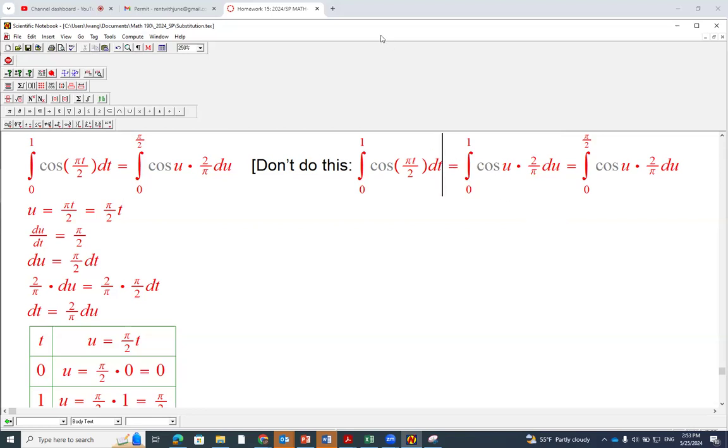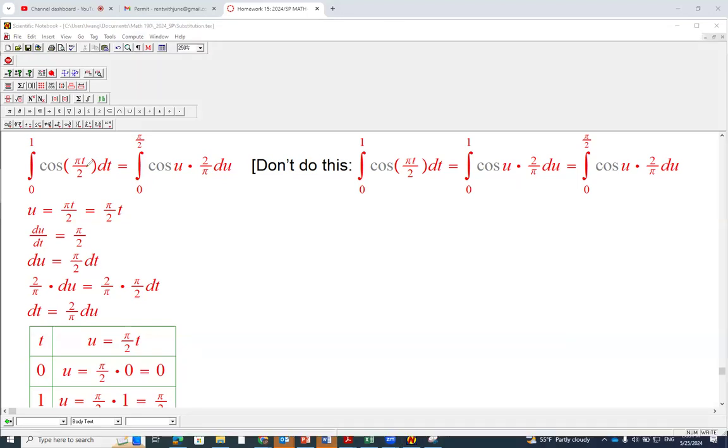So let me show you how the grading is done. You already made a mistake here, because this is from 0 to 1, and you change it to u, 0 to 1. That's mistake number 1. And then for u from 0 to 1, you change it to u from 0 to pi over 2.